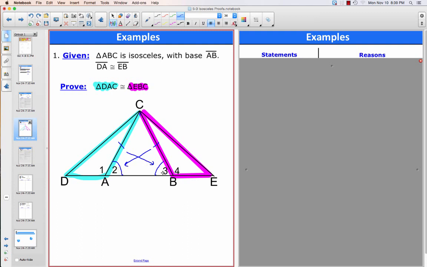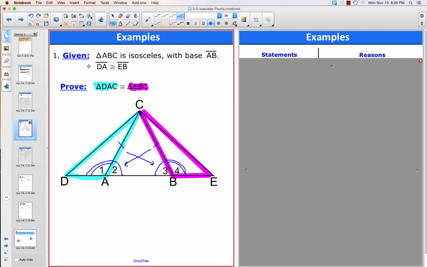But if we notice, 2 and 3 are not angles inside the triangles we want to prove congruent. But 1 and 2 are supplementary, and 3 and 4 are supplementary. So that means that 1 has to be congruent to 4, because supplements of congruent angles are congruent.